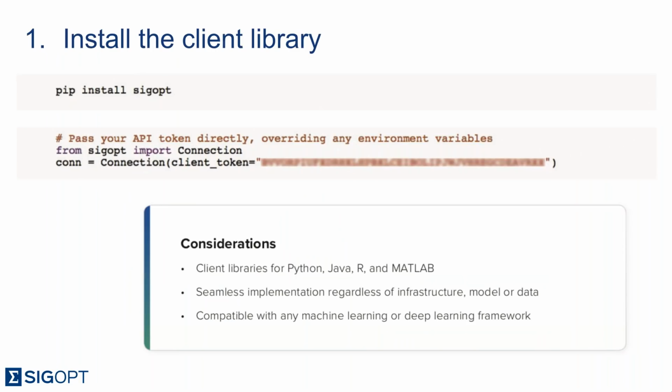So here's how it works from the developer's standpoint. We've designed it to be easy to use so the user doesn't have to implement complicated optimization techniques themselves. First, you install the client library and instantiate it with your API token. The example here is written in Python, but as I mentioned before, we support any programming language, model, data, or library.